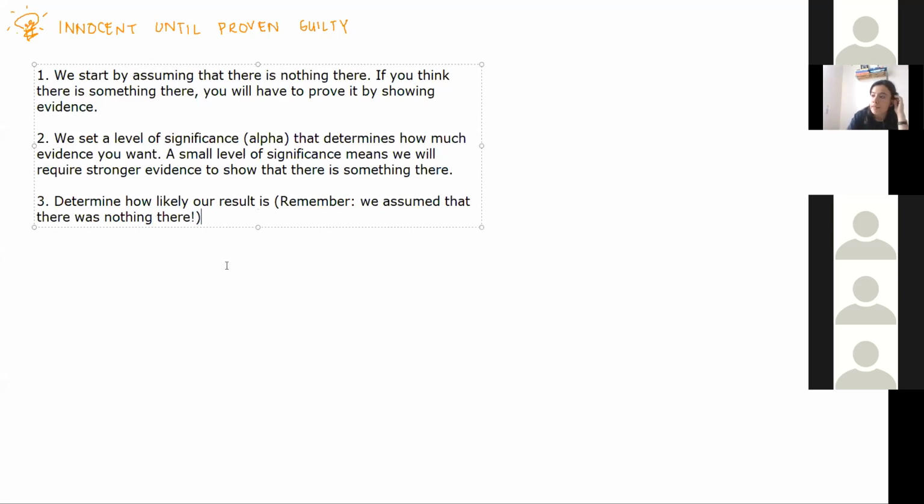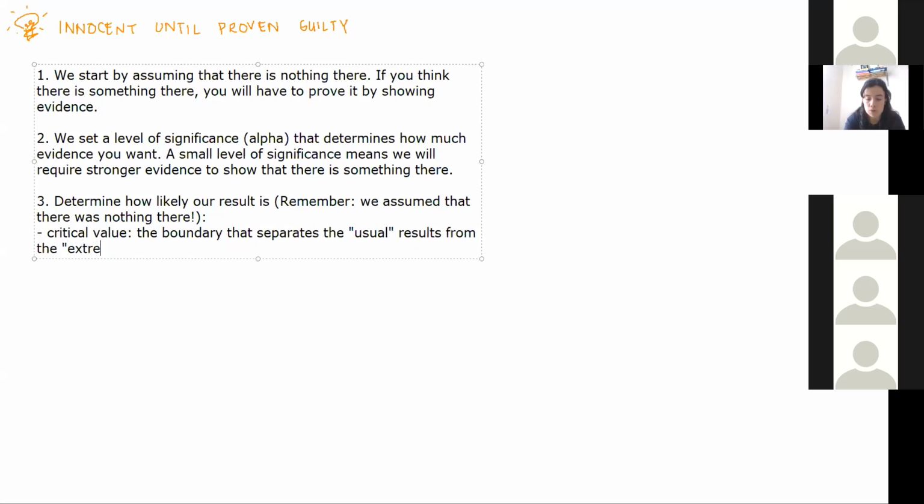So to determine how likely our result is, we're going to use something that is called the critical value. This is called the critical value, which is the boundary that separates the usual results from the extreme results.